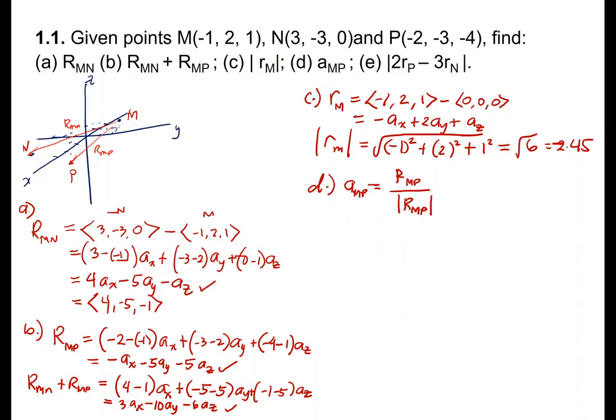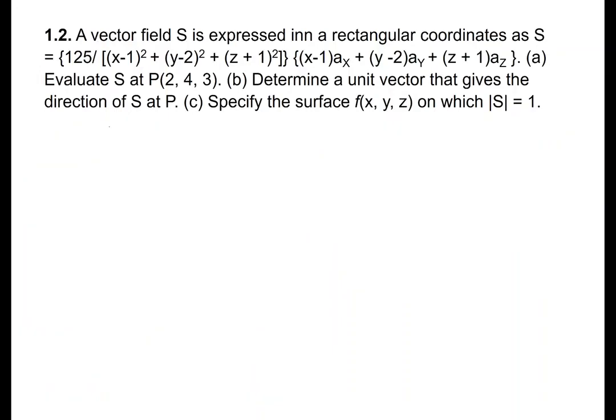So what is the vector RMP? We already solved it in problem B. You have negative AX minus 5AY minus 5AZ, divided by the magnitude. How do you get the magnitude? Just take the RMS value.